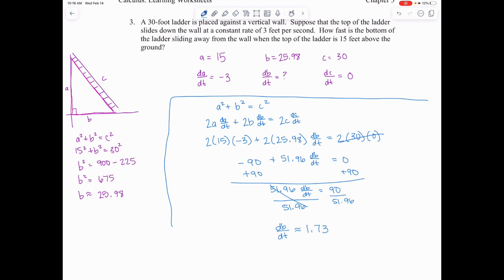So the bottom of the ladder is sliding away from the wall at about 1.73 feet per second.